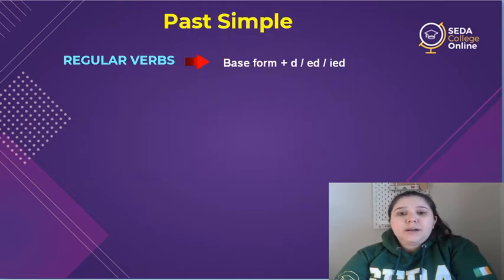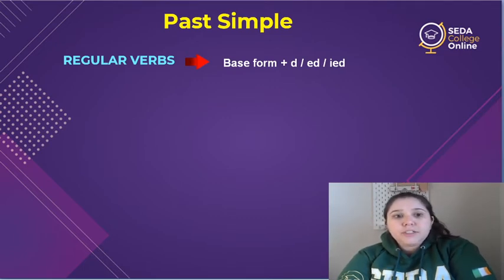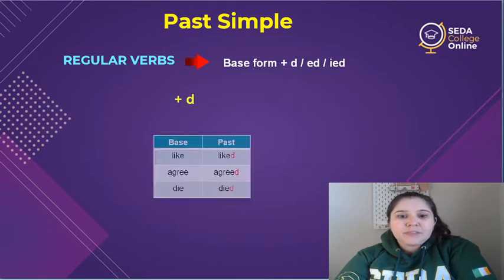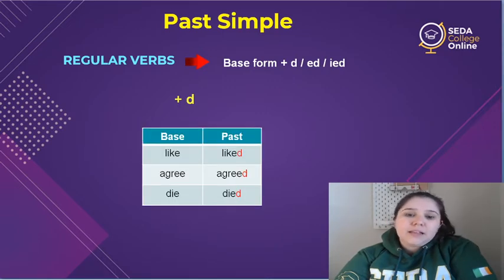Now let's talk about regular verbs. So usually to form a past simple regular verb, we use the base form plus d or ed or ied. So how do we do it? Let's start talking about the plus d. Examples, we have like, liked, agree, agreed, die, died.